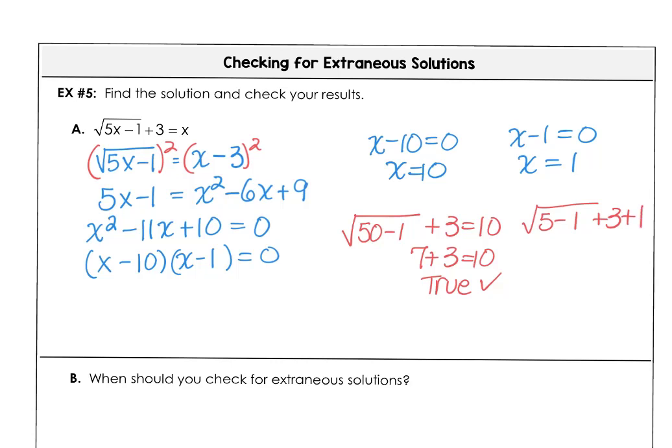And in that case, I believe we have an extraneous solution, because that is not true. The square root of 5 minus 1 is 4, and 4 plus 3 is equal to 7. It's not equal to 1, so this one is false. And x cannot be equal to 1. This one is extraneous, but x is equal to 10. So that solution holds, and we are good to go with one valid solution, x equals 10.